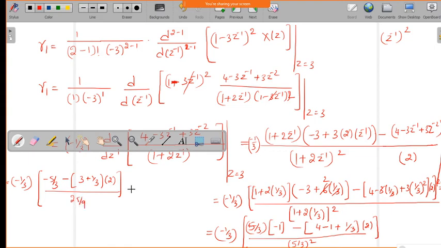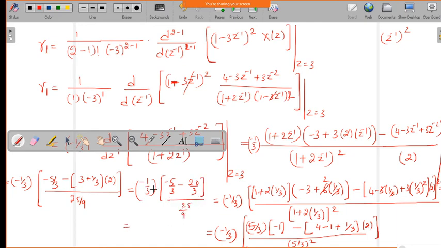Now we can evaluate this one, minus 1 by 3 into minus 5 by 3 minus, so we can take the common factor: 3 into 3 is 9, 9 plus 1 is 10. So 10 into 2 is 20, we will get 20 by 3, divided by 25 by 9.